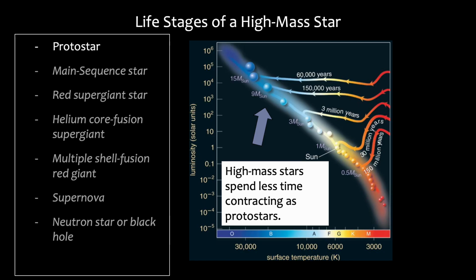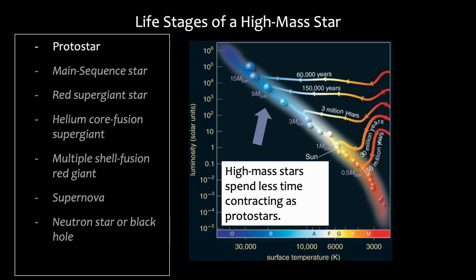That's the main difference. But the same as the low mass case, a high mass star begins as a protostar, of course with more mass. The life stage is much shorter now, from 3 million years for a 3 solar mass case, down to just 50,000 years or so for one that is more than 15 solar mass.